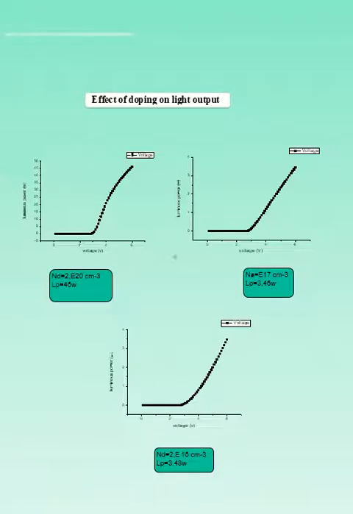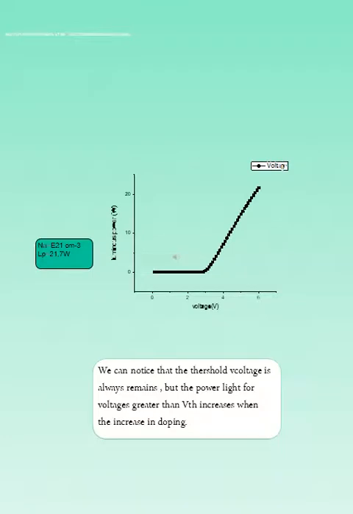For NA equals E17, luminous power equals 3.46 watts. And for NA equals E21, luminous power equals 21.7 watts.